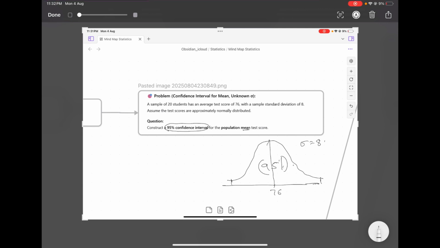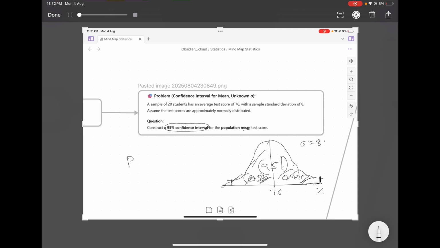Here we can find the Z. First find the Z corresponding to the probability. You need to take all the probability to this side. So this side will be 0.475 and this side is 0.5, because this is symmetrically distributed.